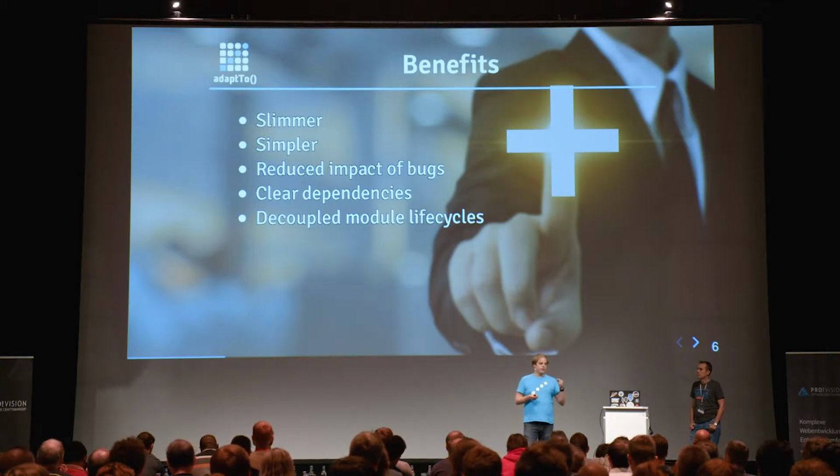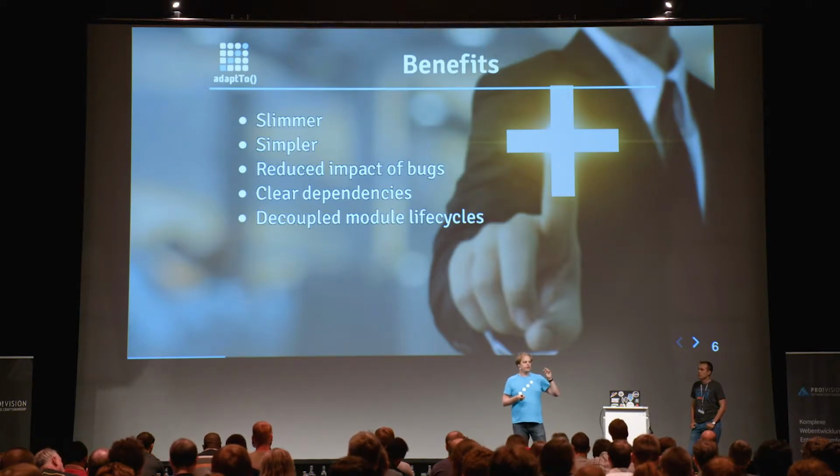This also comes with the part, like all of the points ahead accumulate in, we have the opportunity to have decoupled module life cycles. So we can release modules independently and therefore also can react a lot faster to any kind of business needs.